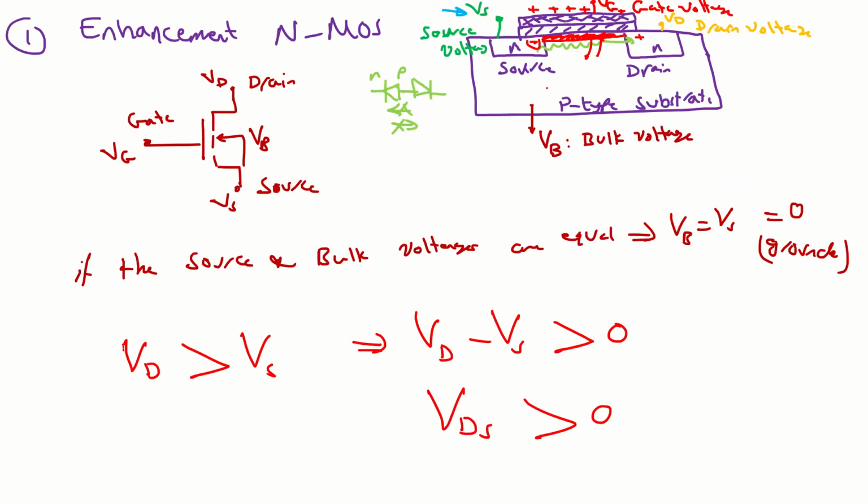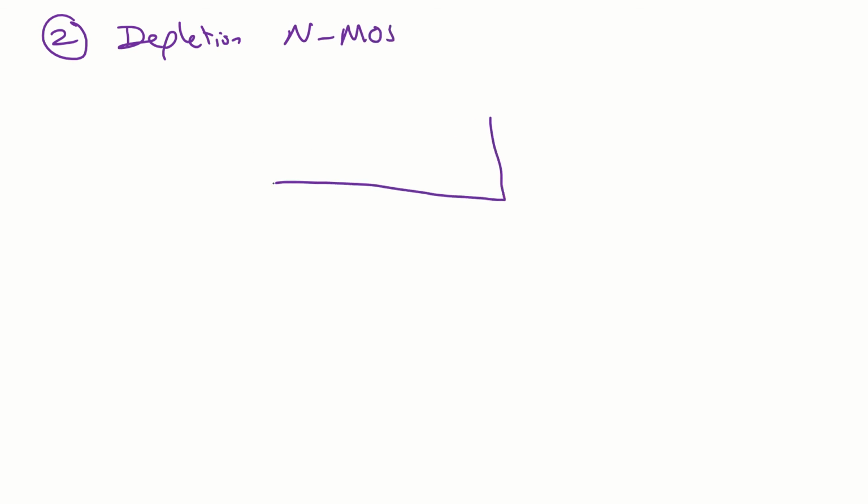Now, what about the depletion MOSFET? Number 2, depletion MOSFET. Here we will have an N channel at the end. So this is the drain, this is the source, N-type, and this is again the source, this is the drain, and here we have the P-type substrate.